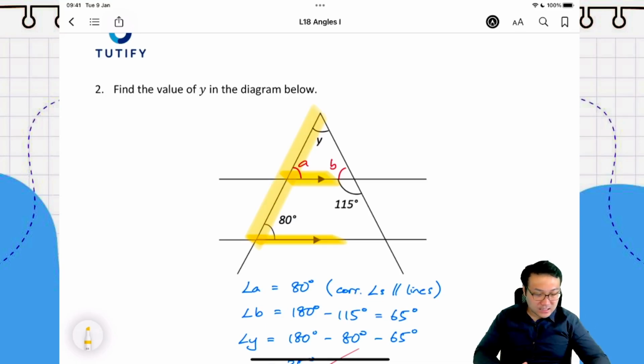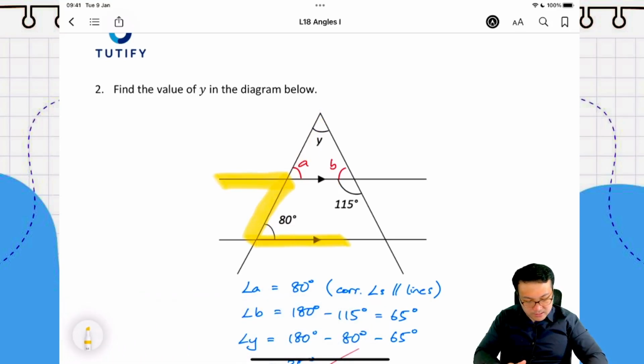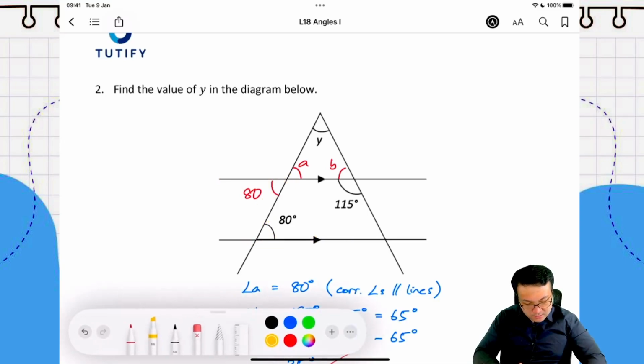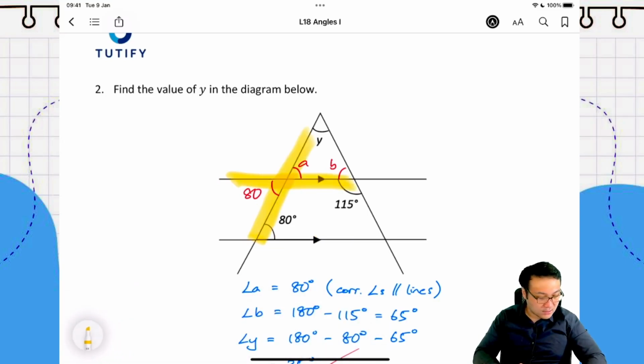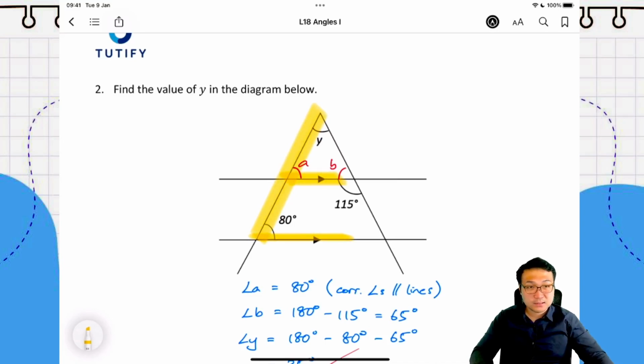If you use a letter Z, you will take a longer time, because I still need to find this angle here, then later I need to draw a letter X. Then I say angle A equals 80, which is actually 2 steps. So might as well use a letter F. Then it's faster. What do you think? You agree? So it depends on the question which rule is the most efficient, okay?